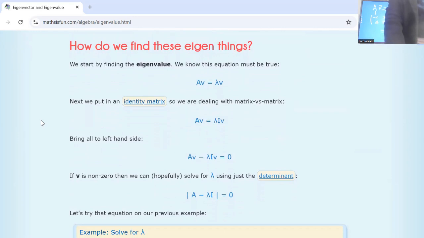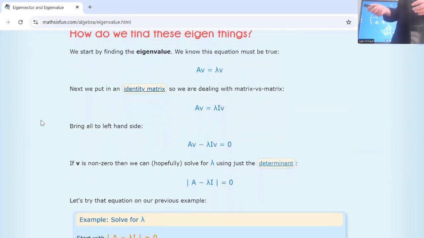How to find them? Of course, there is a mathematical operation, but at the end, the result is this. Well, I will explain why this result is like that, because it's part of the completeness of the section. If you want to solve for this vector, let's assume you want to find this vector here. What do you do? You move everything to the left: A minus lambda times the identity times the vector equals 0.